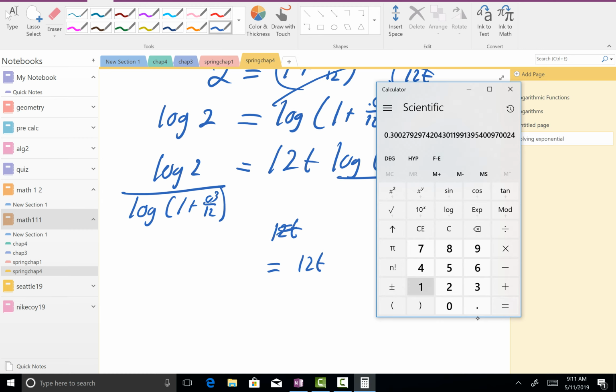I don't think it did it. It's probably better you guys do it because this thing just doesn't. .05. Then I need the log of that. 0.001.